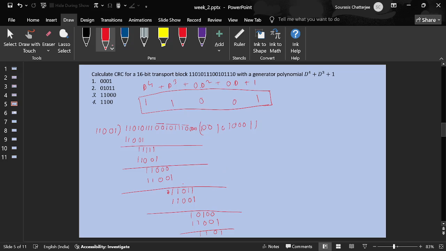So here I had 4, another 2 came here. Fine, I'm left with 3 zeros and I'm getting 1 1 0 1 0.